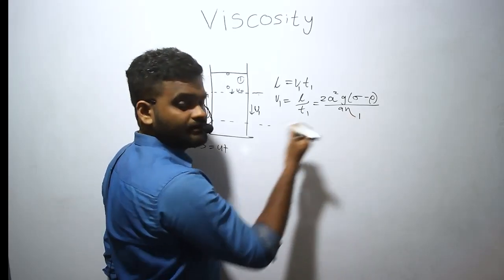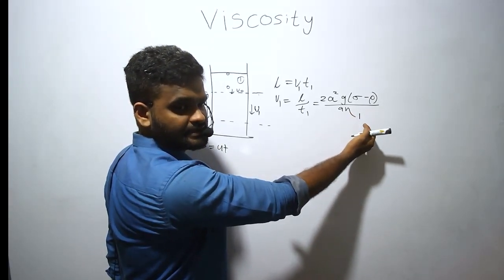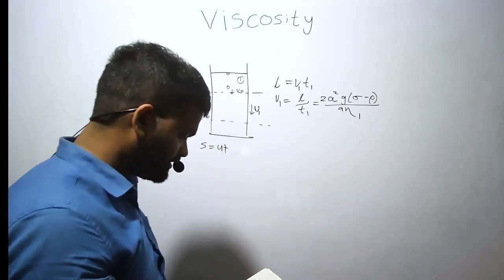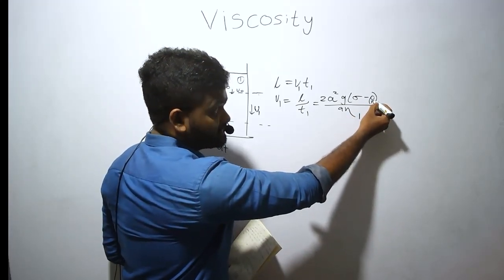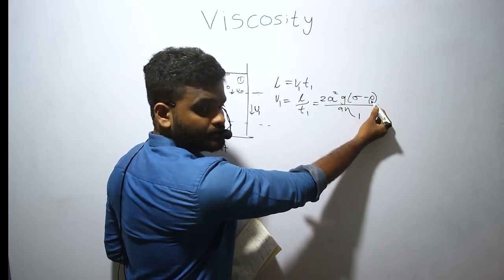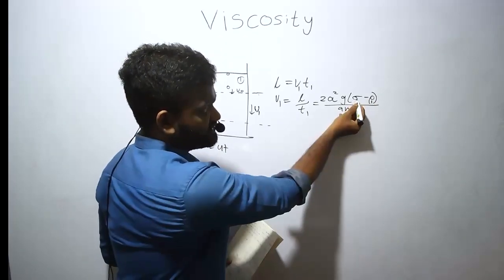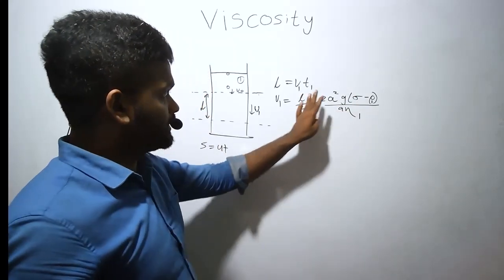Here it is eta 1, the viscous coefficient for the first liquid. And the density of the liquid, I'll take it as rho 1. This is the density of the liquid. Sigma is the density of the sphere. We are not changing the sphere. Okay, we took V1.